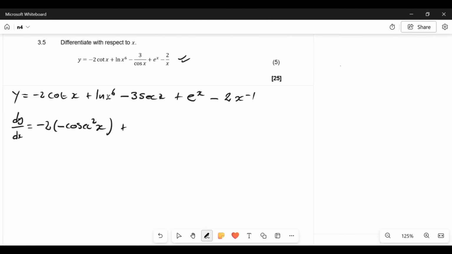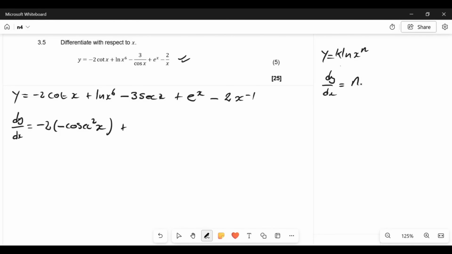We have ln x to the power of 6. When we differentiate this, we have this formula here. When we differentiate ln, remember, if you're given ln of k x to the power of n, like that, let's say you have k as a coefficient, the differentiation here is going to be as follows.